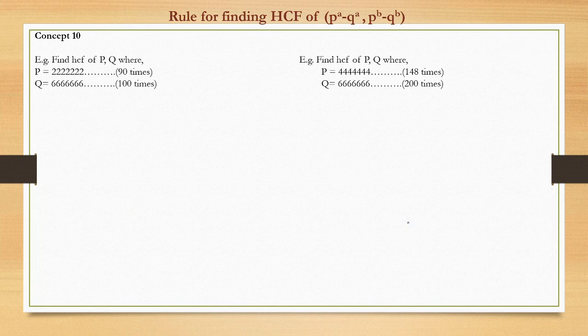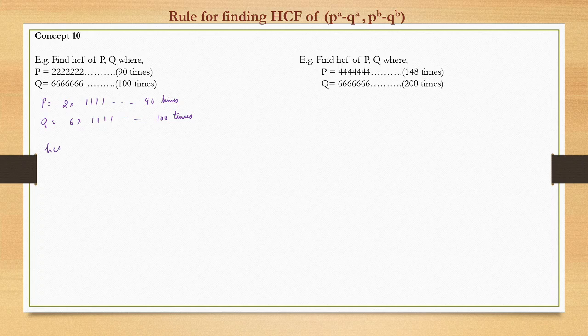Now we will see another question. Here P is 2 into 111 written 90 times, and Q is 6 into 111 written 100 times, right?